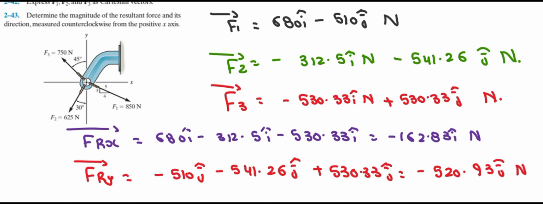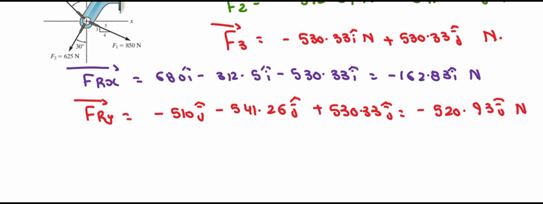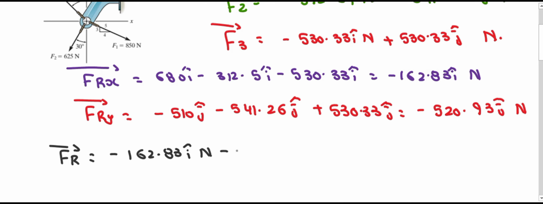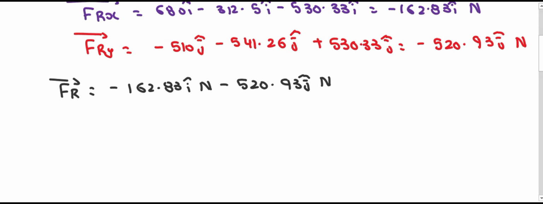This is the value of FRy. So the vectorial or Cartesian form of the resultant vector is written as negative 162.83 i cap Newton with negative 520.93 j cap Newton. This is the vectorial form of Fr.